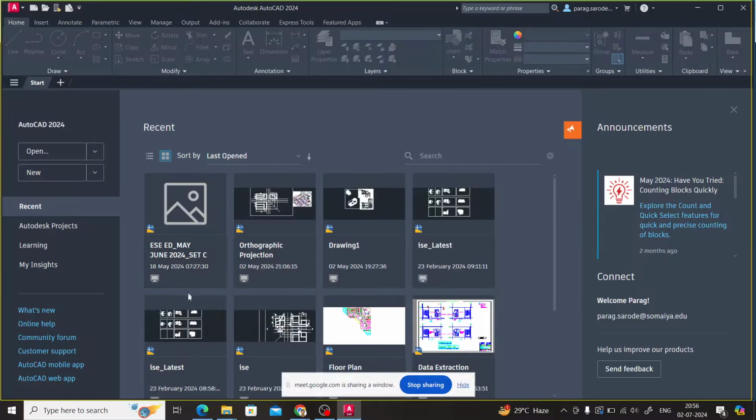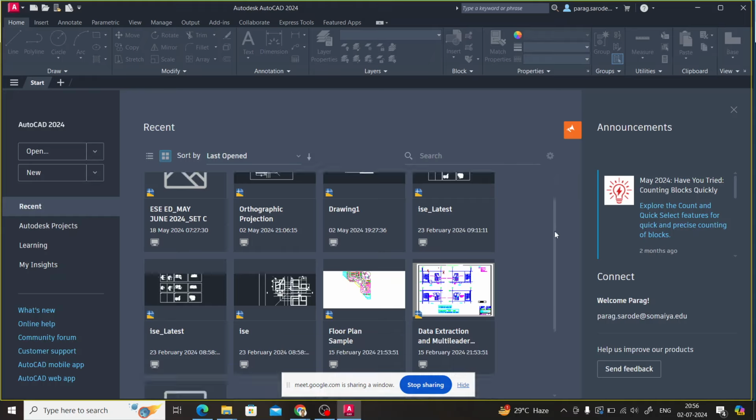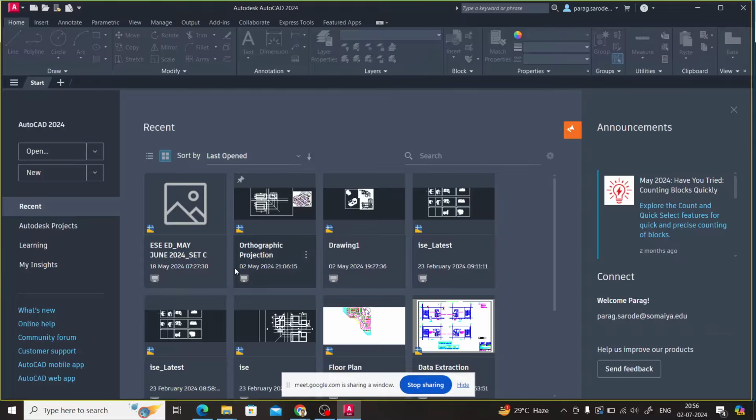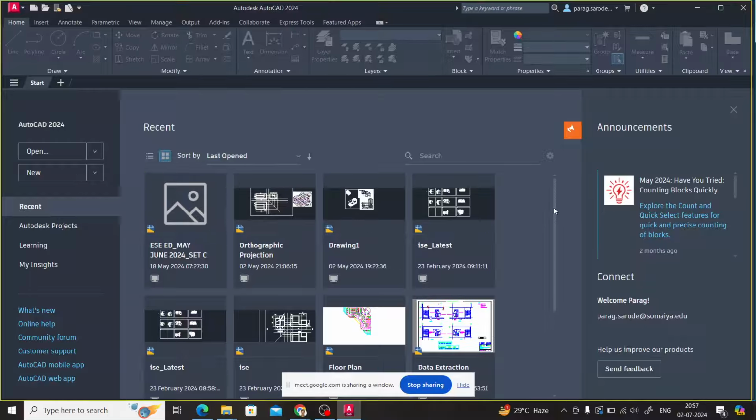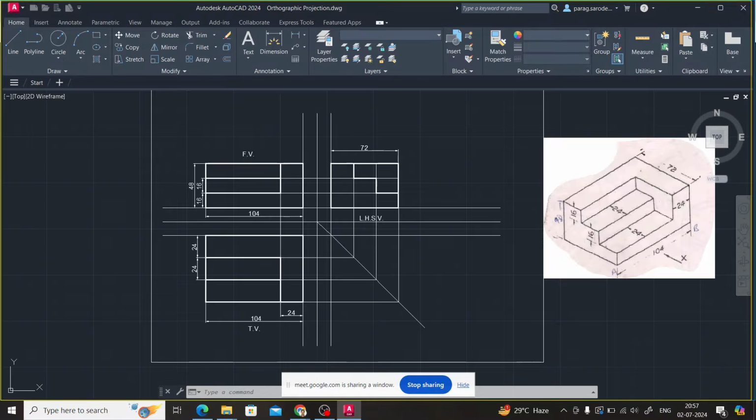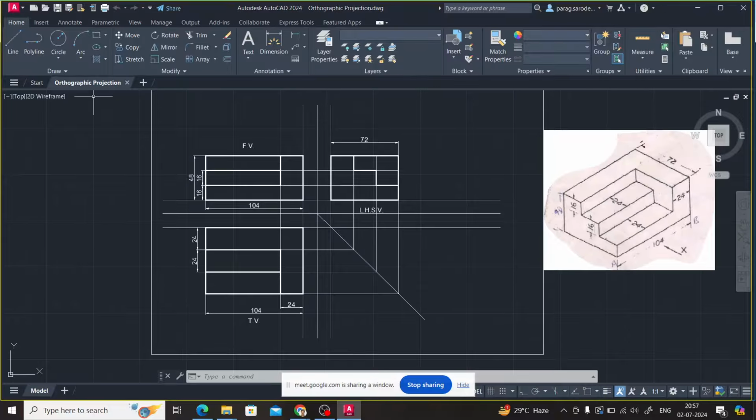You might have already received the templates. If you don't have, let me know, I will reshare. Currently I don't have a template here.